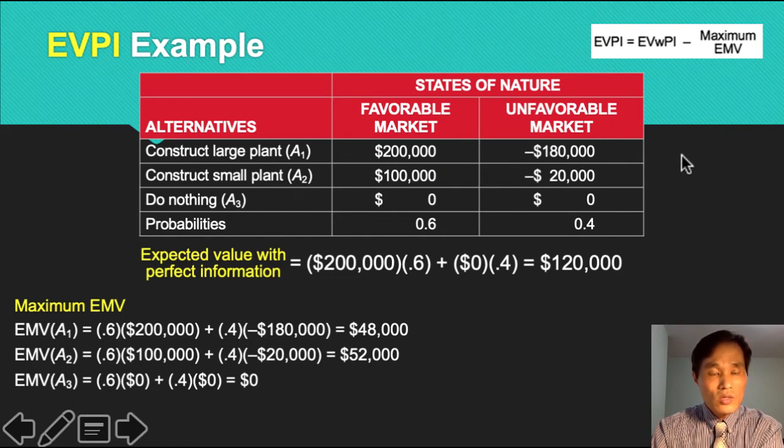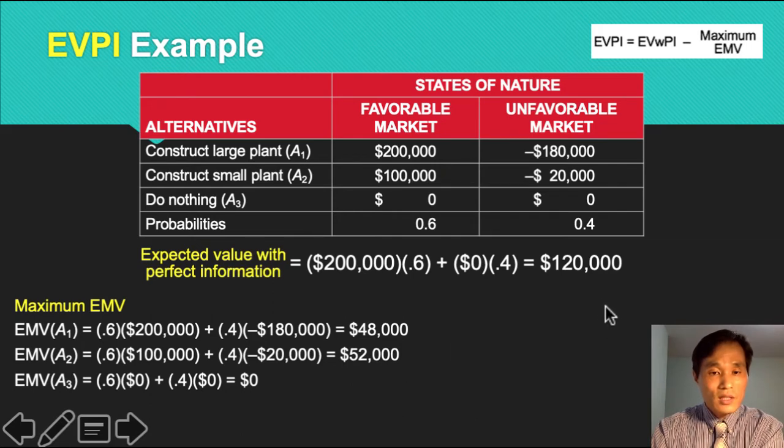And you can also do the same thing for alternative 2. So 0.6 times $100,000 plus 0.4 times negative $20,000, that produces $52,000. That's the EMV for alternative 2. And alternative 3 EMV will be 0 because the expected values are zeros. So the maximum EMV is, amongst these three values, you want to choose the highest value, that's $52,000.